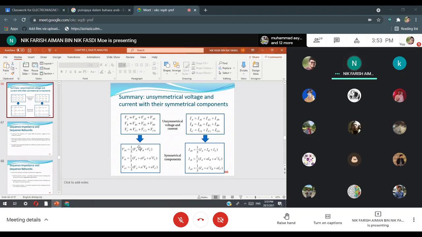Symmetrical or unsymmetrical? That is unsymmetrical, very good. Okay, this is symmetrical. So remember the basics, symmetrical has a zero sequence, positive sequence, and negative sequence. Okay, alright, understood?